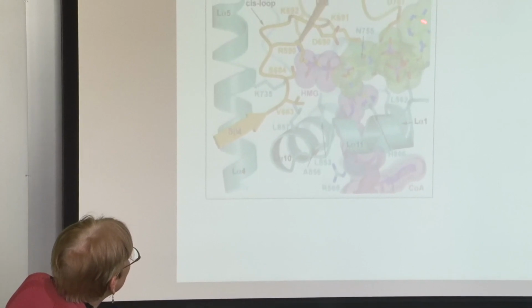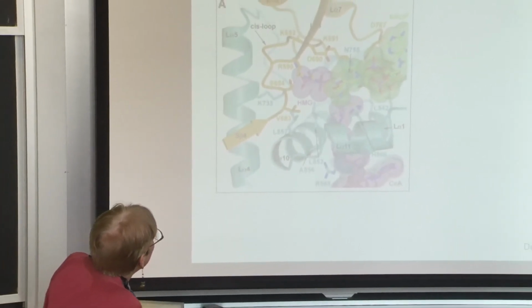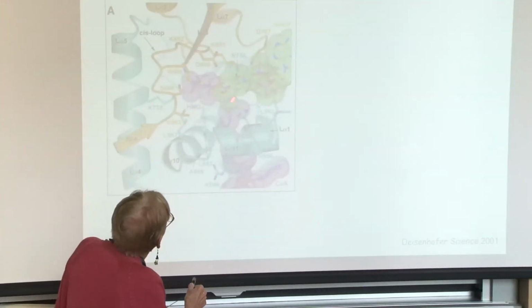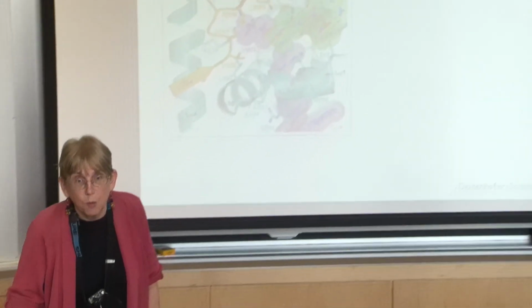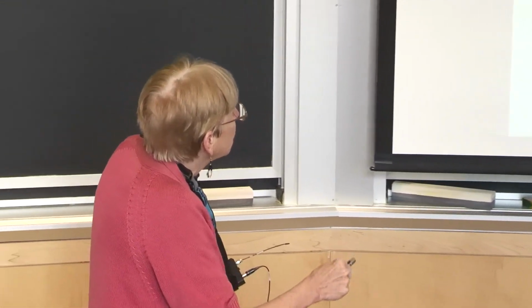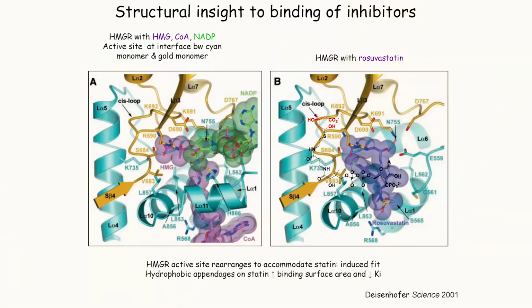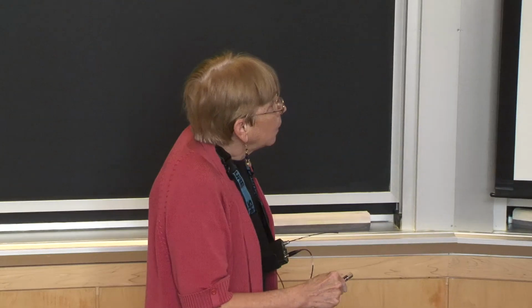And then what do you see over here? Hopefully you can see this, but this is another adenine ring. And then over here is the pyridine ring, and we went through the mechanism last time. That transfers the hydride. So this green part is the reductant, and this part is a mimic of the hydroxymethyl glutaryl CoA. And in all cases, we have hundreds of structures now.